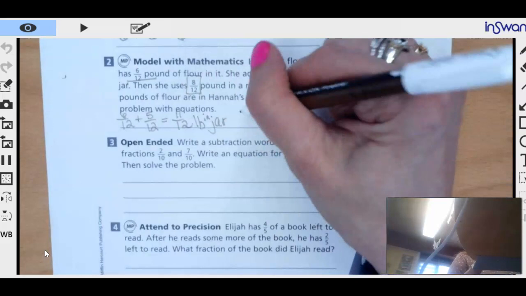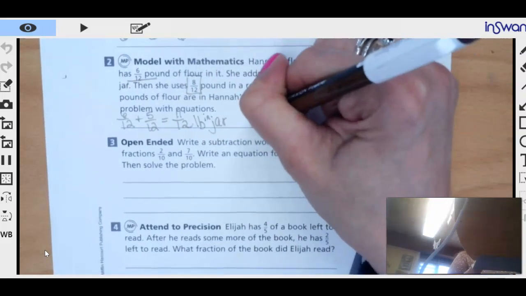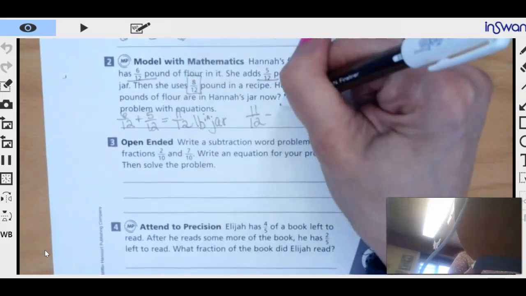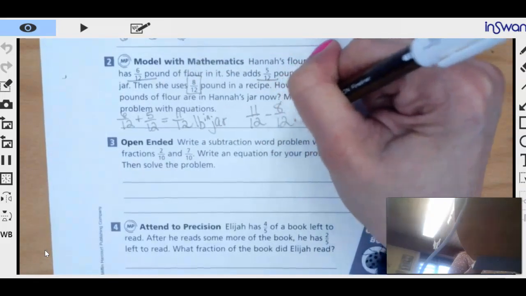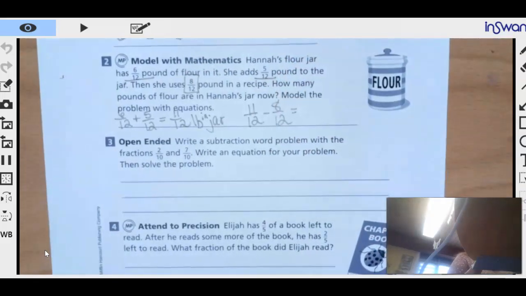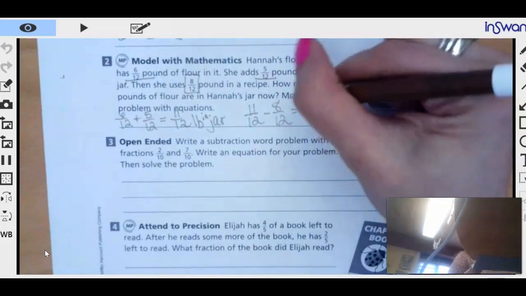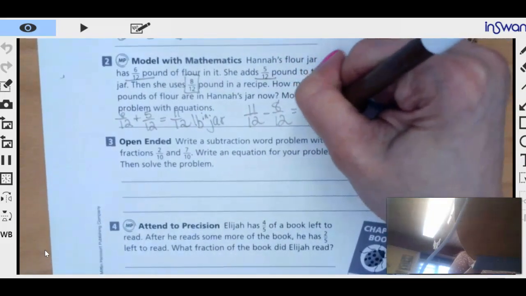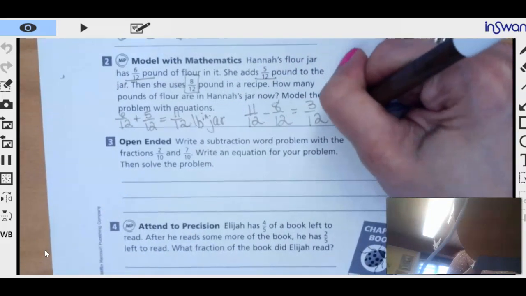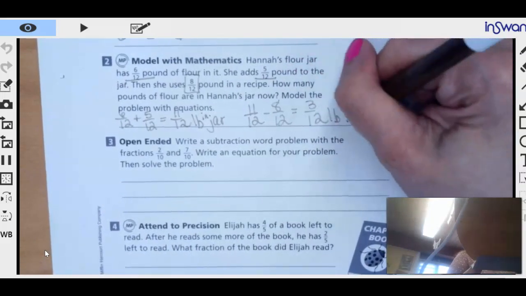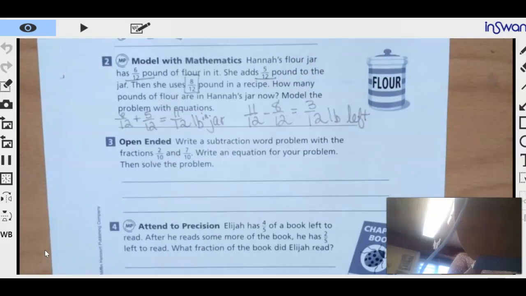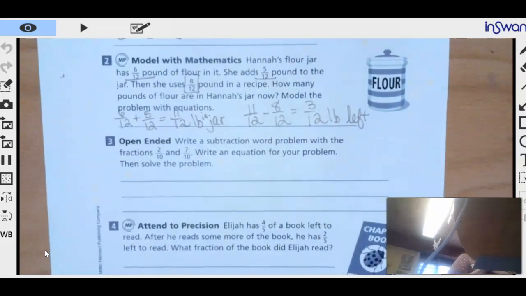Yep, we're going to take the 11/12 and subtract the 8/12 because that's how much she used, right? And what are we left with? Okay, 11/12 subtract 8/12 equals 3/12 pounds left.